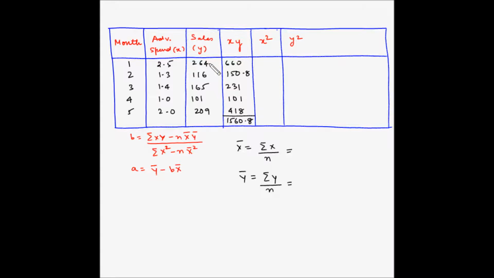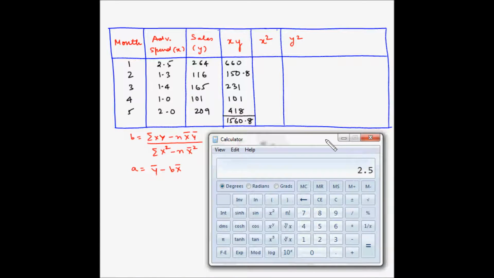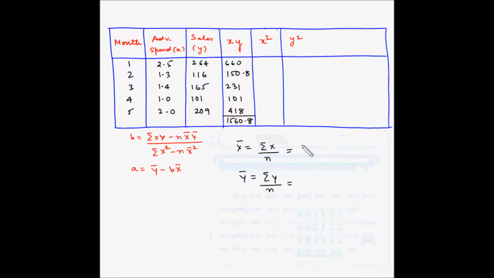So let me pull my calculator. 2.5 plus 1.3 plus 1.4 plus 1 plus 2, so sigma x is 8.2.